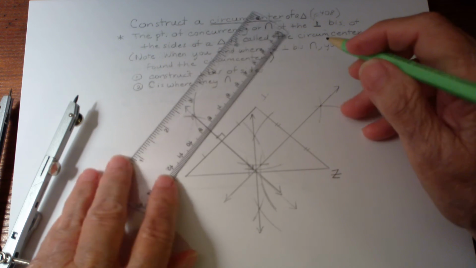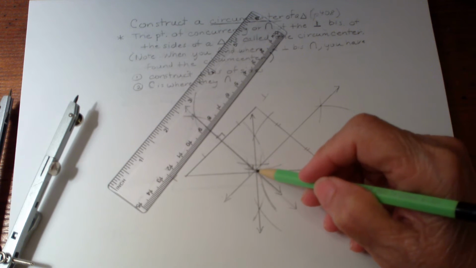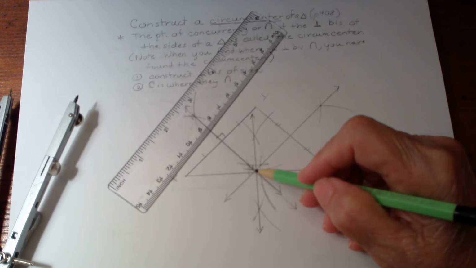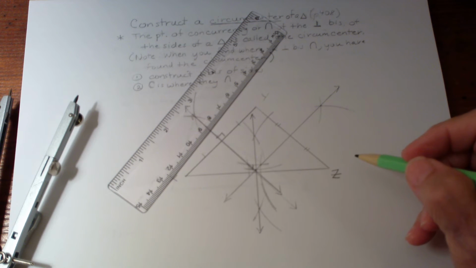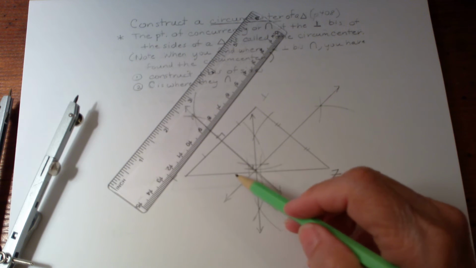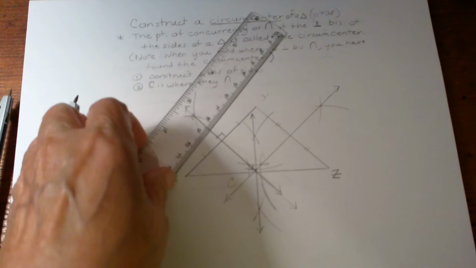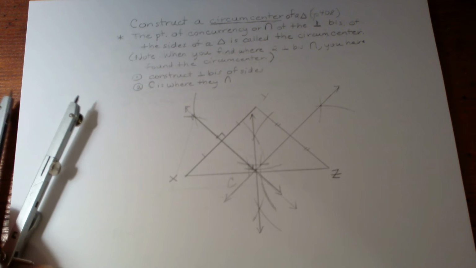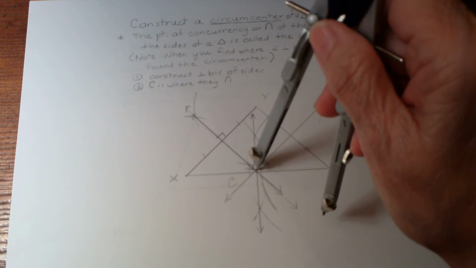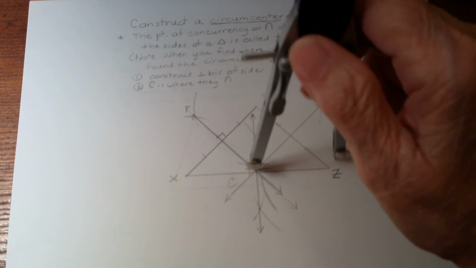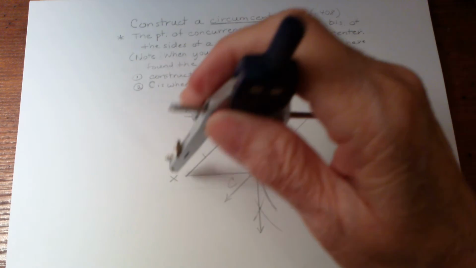So mine are not exact, but it looks like these three intersect right about here. And that would be the circumcenter. So I'm going to call that point C. Now, if it is a circumcenter, then I should be able to draw a circle, and we're going to do this again later, that will go from this point to the other points on the circle.